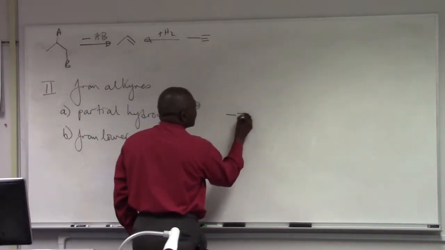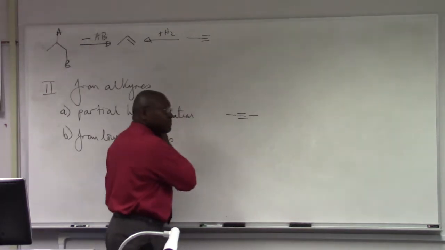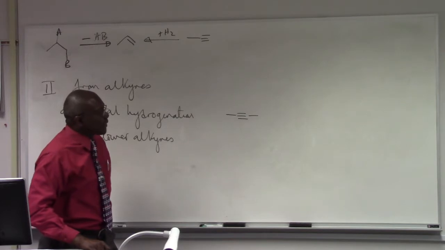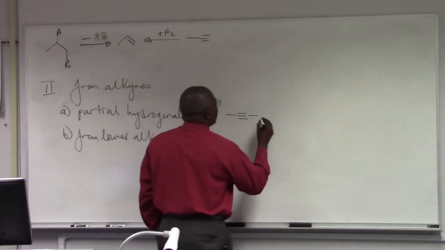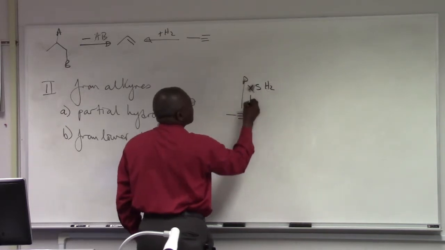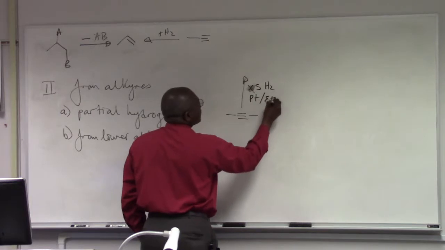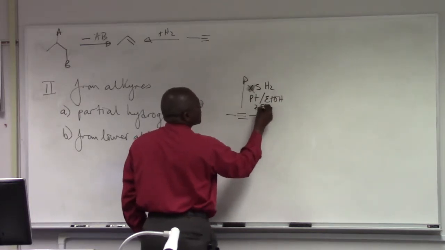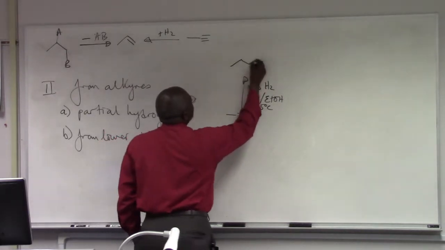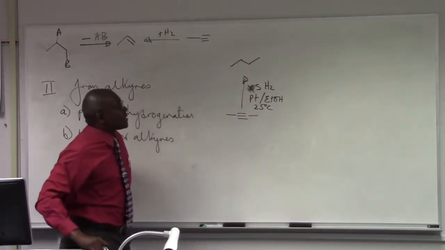If I treat, let's say I start off with 2-butyne. If I treat 2-butyne with, let's say, excess hydrogen gas and platinum in ethanol at 25 degrees Celsius, those are the classic hydrogenation conditions, I'm going to generate butane, right?